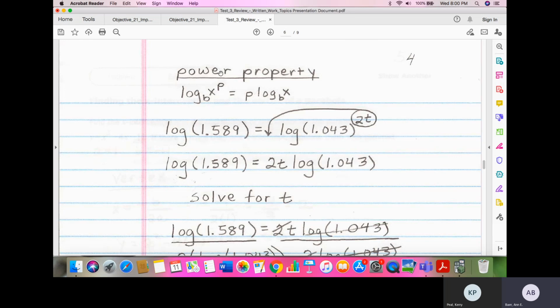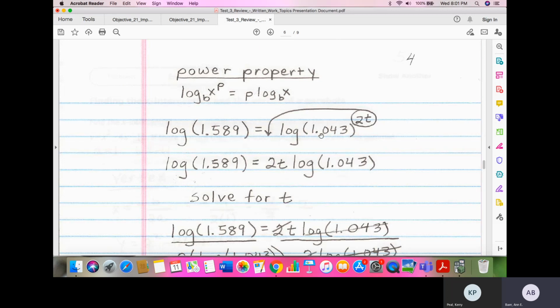So I wrote down the power property for logarithms, and we've already looked at this earlier. Log base b of a base to a power. We have a property that says if the entire argument is a base to a power, which ours is, this entire argument over here is this base to this power 2t.